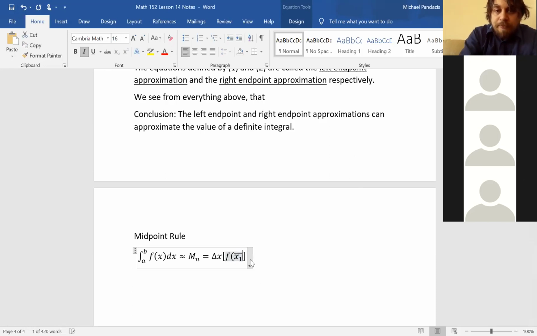So we have delta x times f of x sub 1 bar plus f of x sub 2 bar plus dot dot dot plus f of x sub n bar.